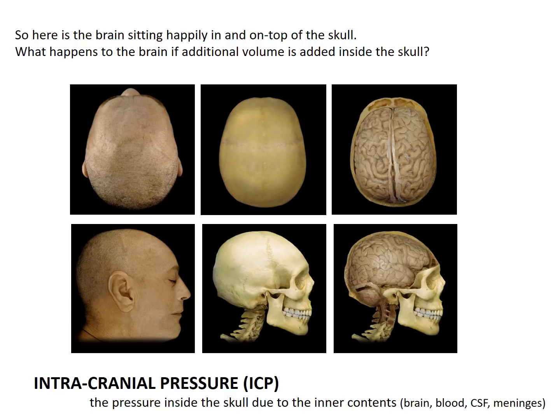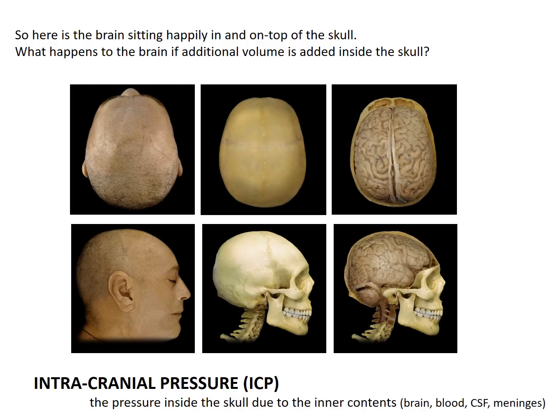Now, what do you think can happen if the pressure builds up inside the skull? That's going to be devastating to the brain, right? The pressure is not going to build up so much that the skull is going to explode. Take a bottle of Coca-Cola, drop a bunch of Mentos in it and cap it, and all of a sudden that pressure builds up and expands the bottle, and maybe you could blow the bottle up.